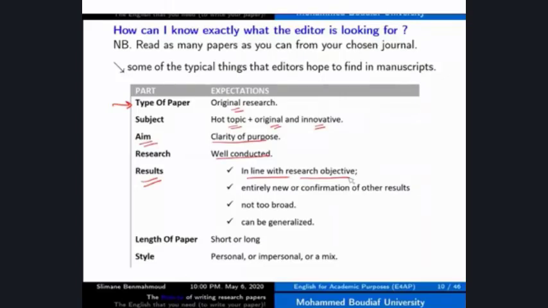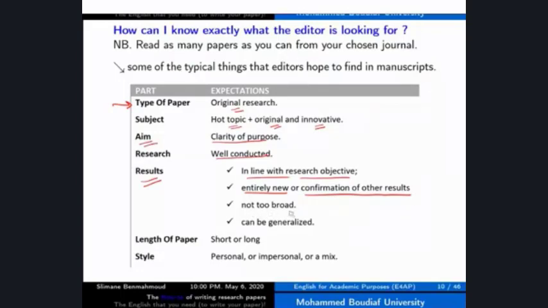What does this mean? This means that you cannot claim such and such research objectives, and later your results will not be in line with what you have claimed as research objectives. Your results should be either entirely new or a confirmation of other previous results.